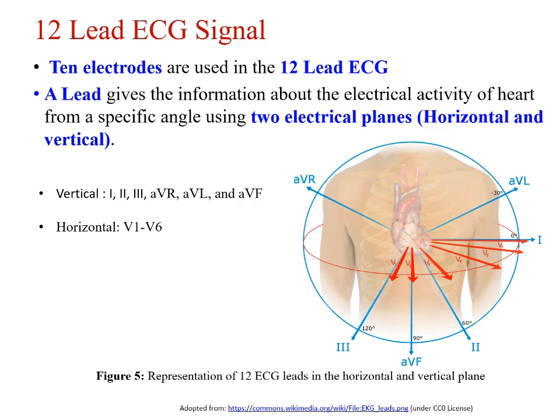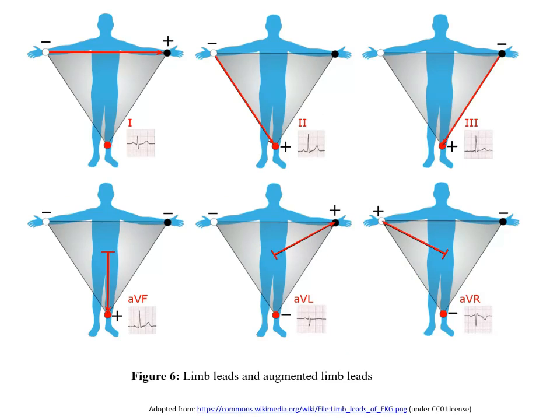So this is a pictorial representation of these 12 ECG leads in the horizontal and in the vertical position, taken from the given link under the CC0 license. Here is the representation of the 3 limb leads and 3 augmented leads. That is 1, 2, 3, and aVF, aVL, and aVR.